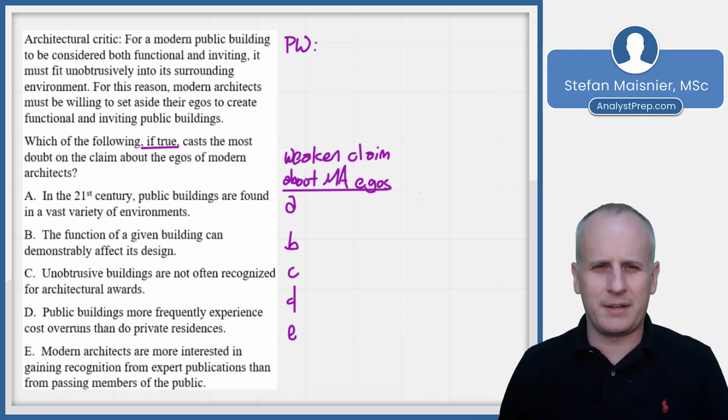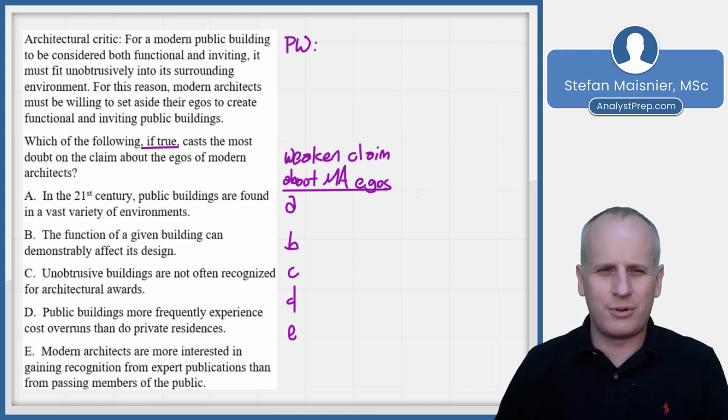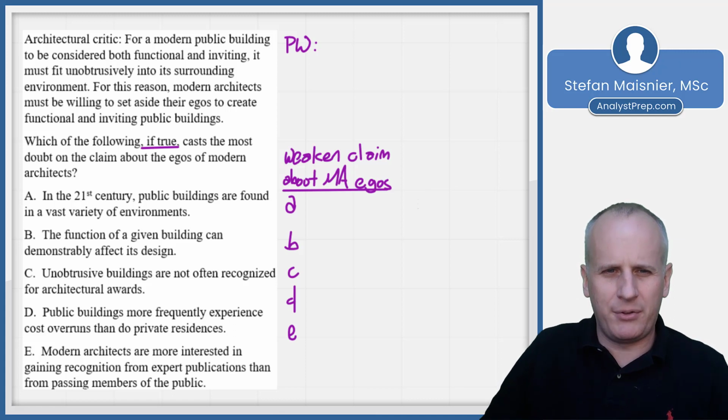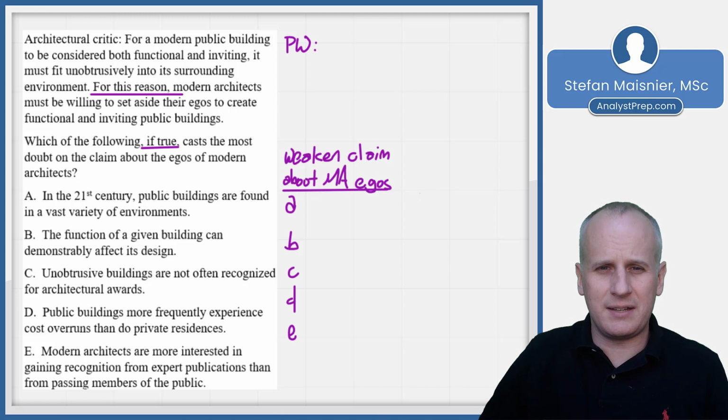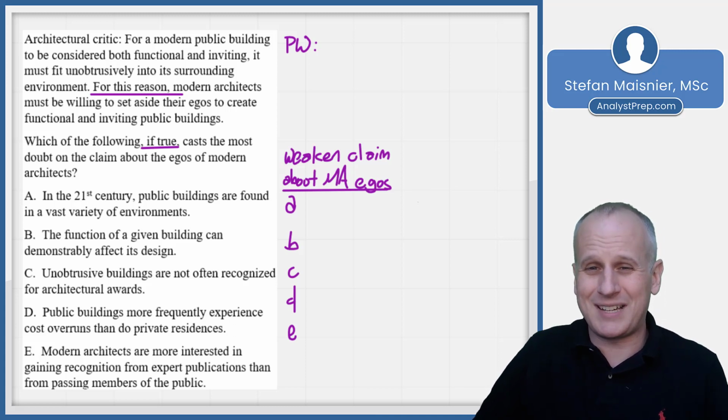And we read from the beginning. So this comes from an architectural critic. For a modern public building to be considered both functional and inviting, it must fit unobtrusively into its surrounding environment. For this reason, modern architects must be willing to set aside their egos to create functional, inviting public buildings. So for this reason indicates a causality. So we can see that it's basically saying that because it has to fit unobtrusively, they have to set aside their egos. So our predicted weaken is basically to attack that causality.